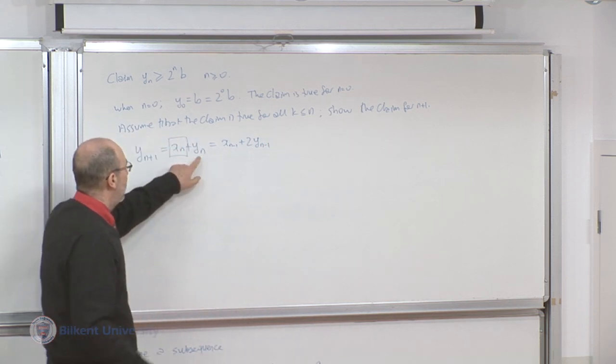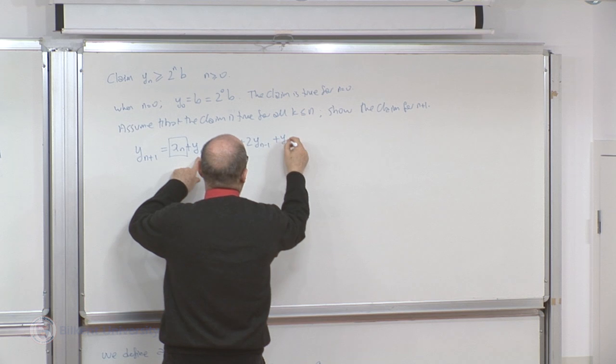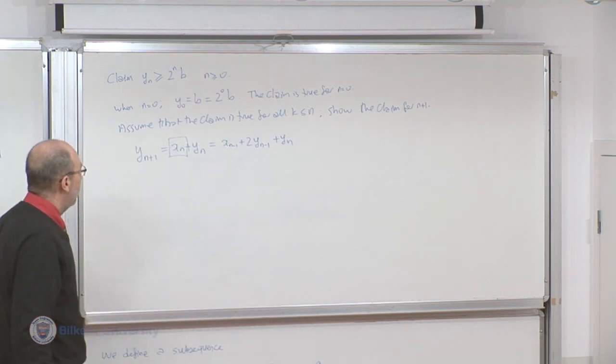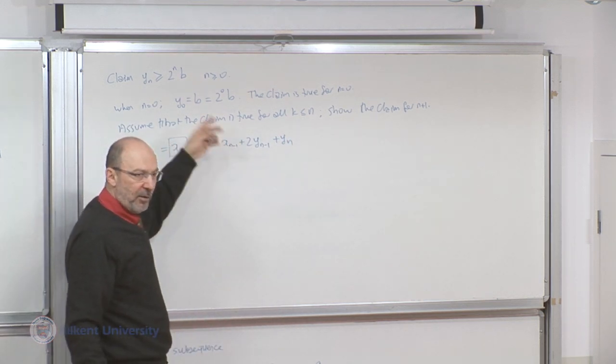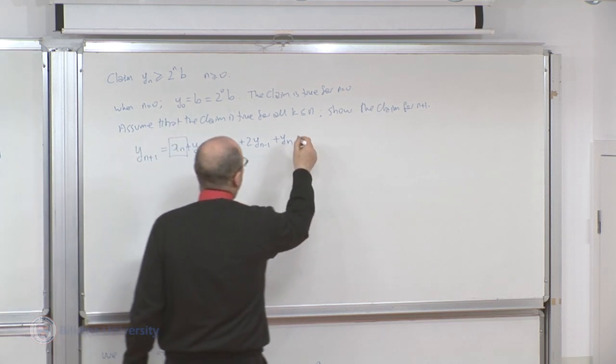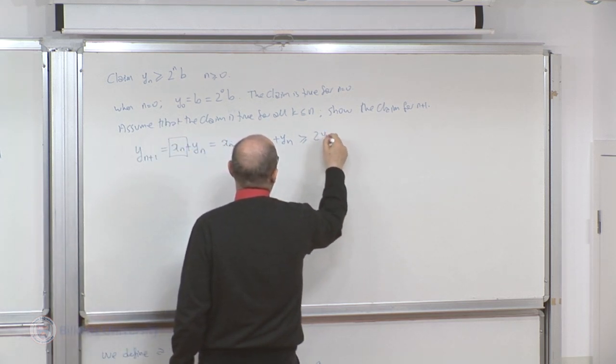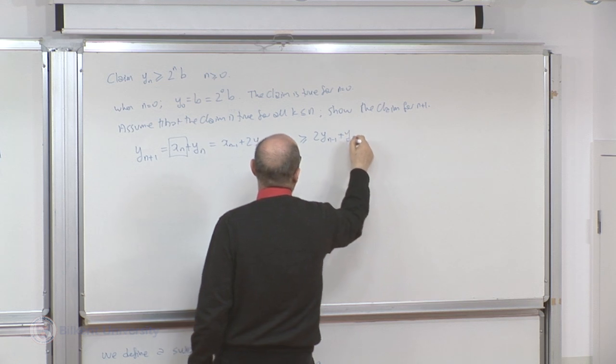That's for x_n plus y_n. Now it works. Now x_(n+1), everything is positive here, so this is larger than or equal to 2y_(n-1) plus y_n.